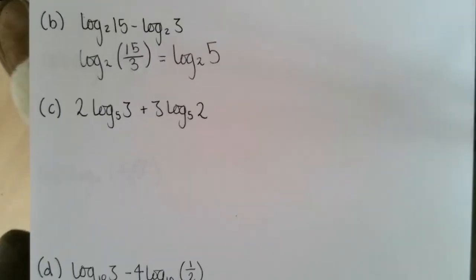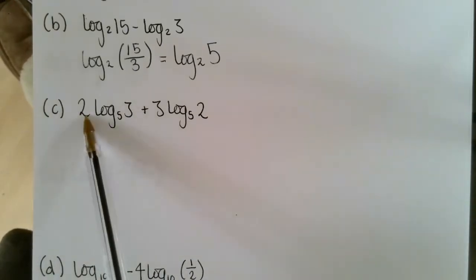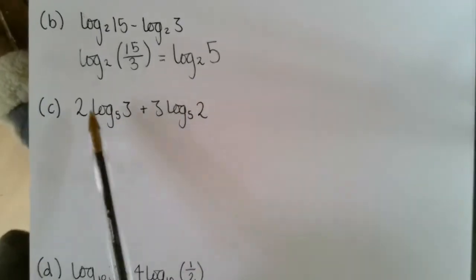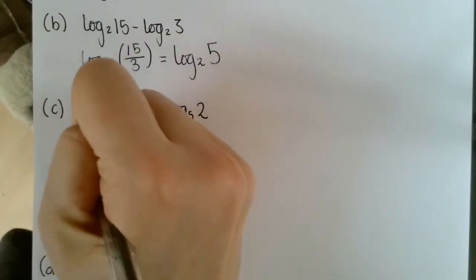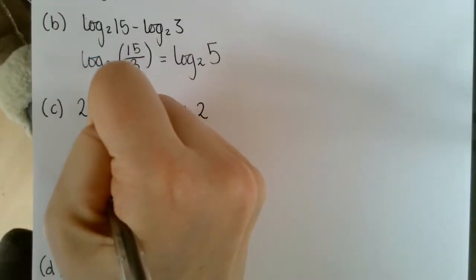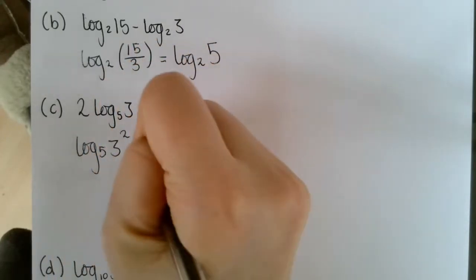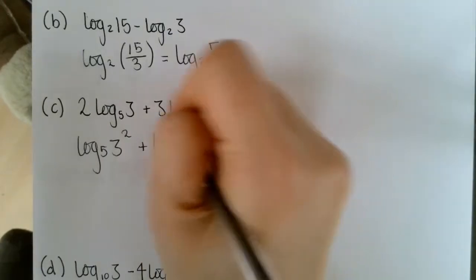For part C, we're going to apply the power law to both parts of the expression first, because we've got coefficients in front of our logarithms. So if we've got 2 log base 5 of 3, that is the same as log base 5 of 3 squared, and then we're adding log base 5 of 2 to the power of 3.